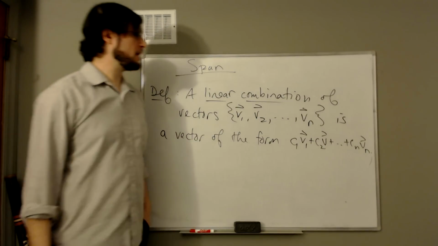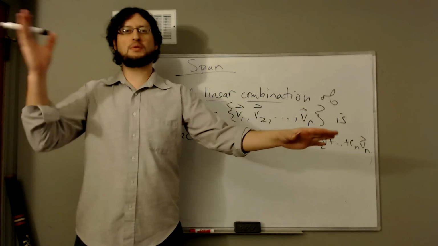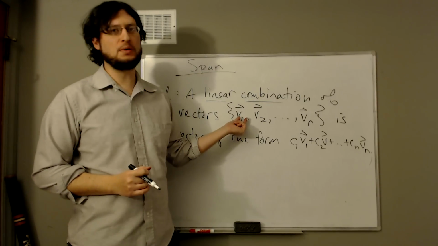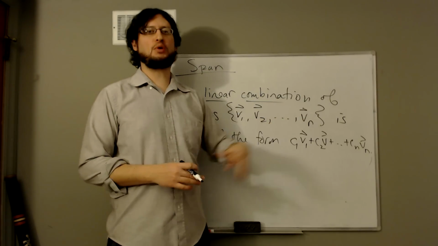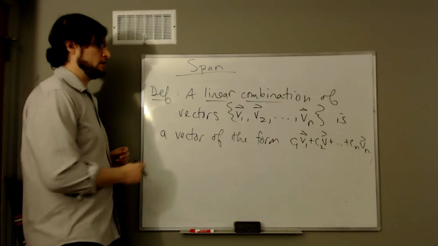So a linear combination of vectors is just those vectors added up with any different scalings. If I scale each vector by anything I want and then add them all up, what I get in the end is called a linear combination of the initial set of vectors.